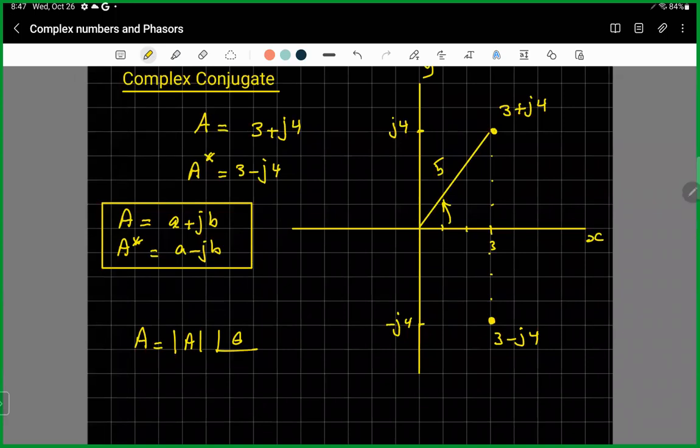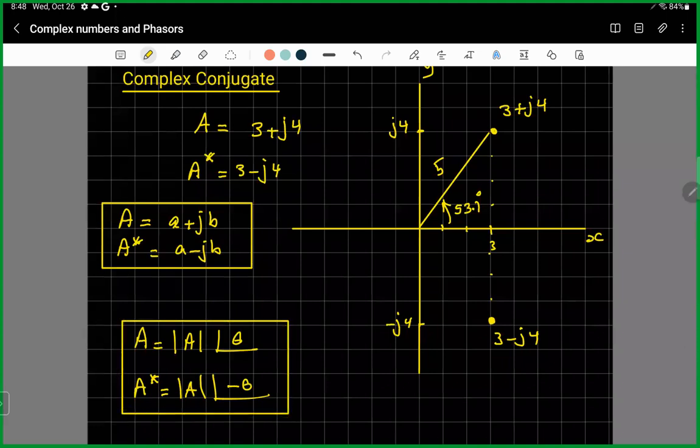Let me just refresh my memory and find the arctan of 4 over 3, just to make sure I put the right number. That gives me the angle. We did this example for 53.1. So if you have a complex number A represented by A magnitude angle theta, the conjugate will be A angle negative theta.